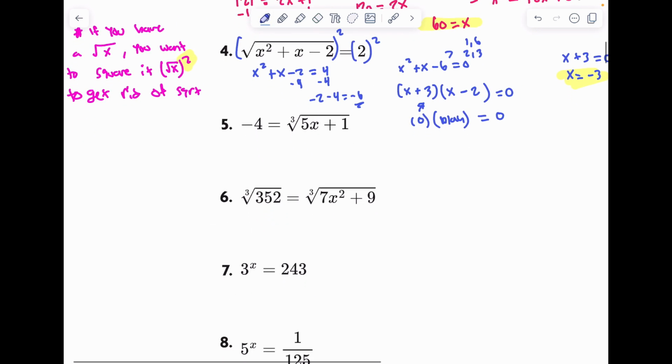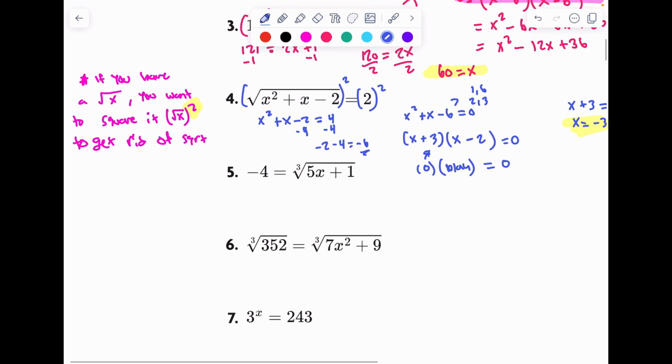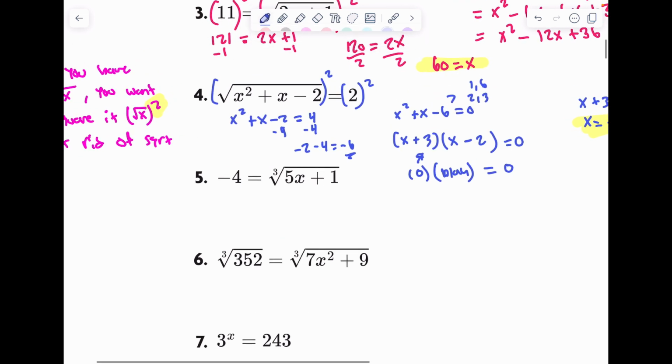Okay, number 5, we have a little difference, right? So what do we see different? Okay, so we should see this 3 here, right? So what does that mean for us? That means that it's a cubic root, okay? Not a square root, so we can pretend that there's an imaginary 2 here, okay?